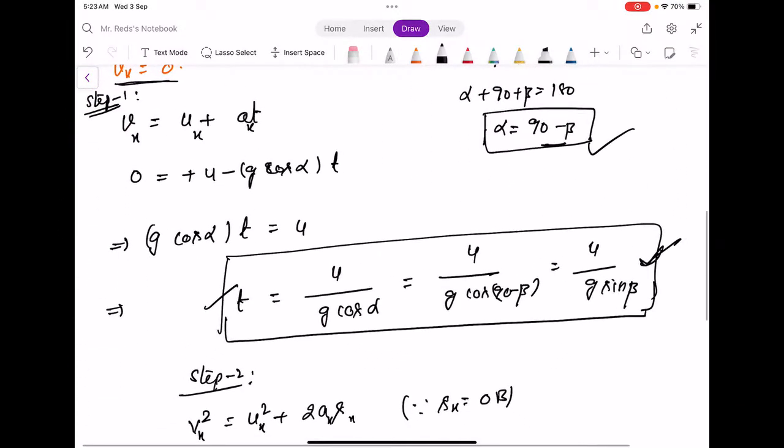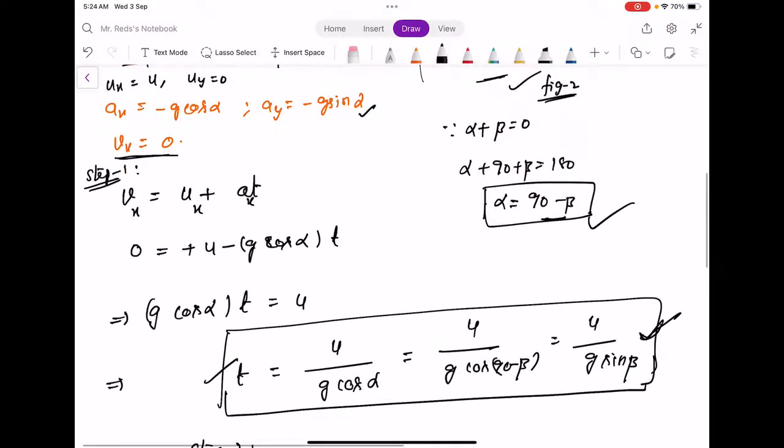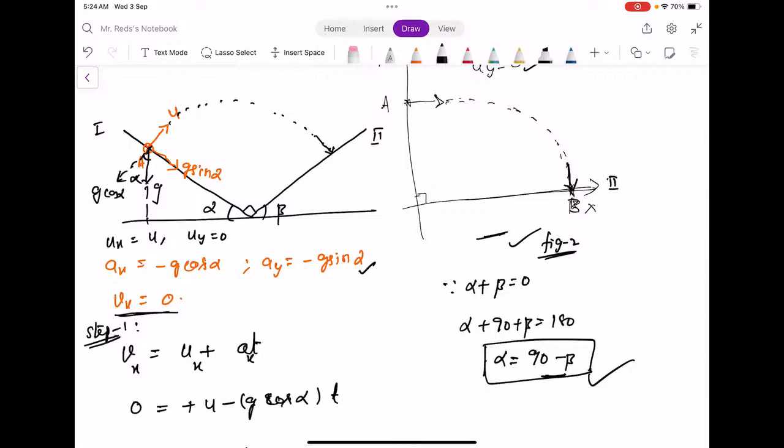To calculate that, let us consider step 2. We know the initial velocity in the x direction, the final velocity, the acceleration, and the distance covered in the x direction, that is OB. This is O, this is point B, and this is point A. So we want OB, which is nothing but the distance traveled in the x direction.